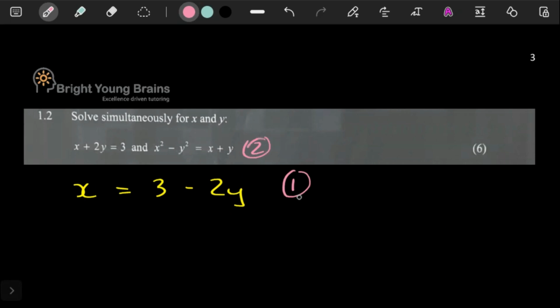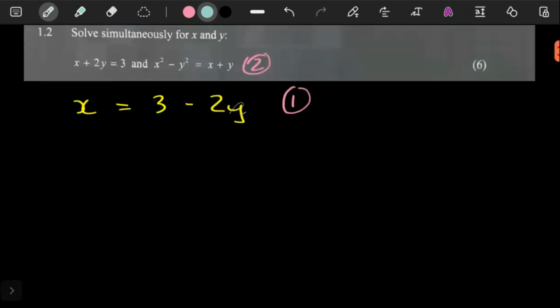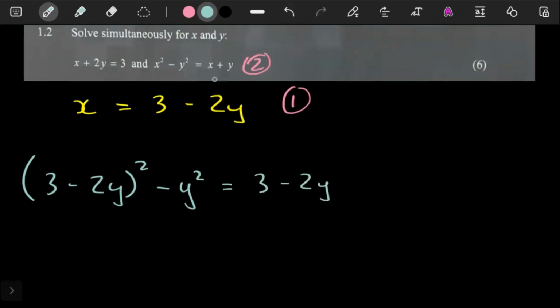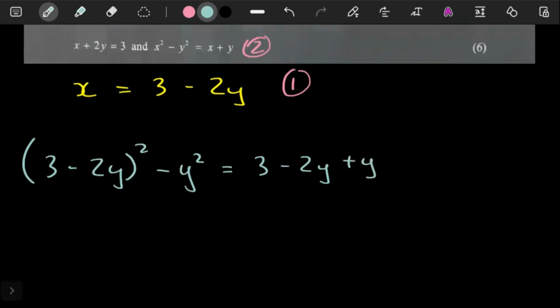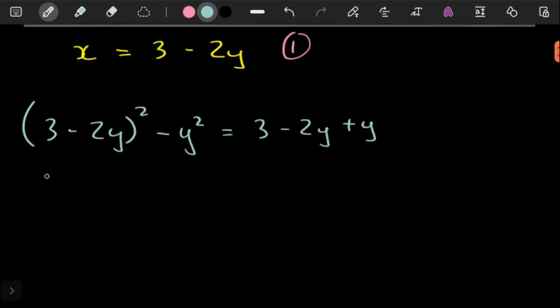Equation number 1, we're going to throw it inside equation number 2, meaning wherever x is, we're going to put 3 minus 2y. So we're going to have 3 minus 2y, the whole thing squared, and then here we're going to put y squared, and then 3 minus 2y, and then plus y. So you're going to have 3 times 3, which is 9, and then -6y, and another -6y, and 4y squared.